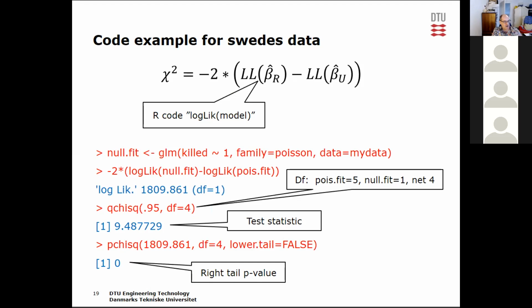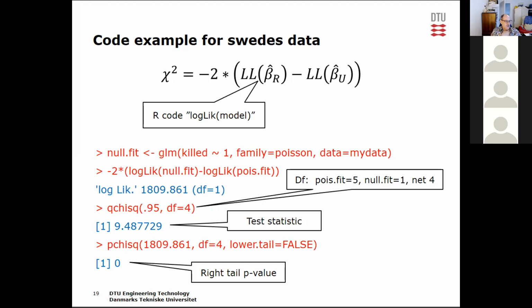And here in this example, my test statistic is 1,809. There's my test statistic right there. And then I'm curious to know, what is the critical value that I need to compare this to? This is the same as Excel, where you just type in the chi-square function.